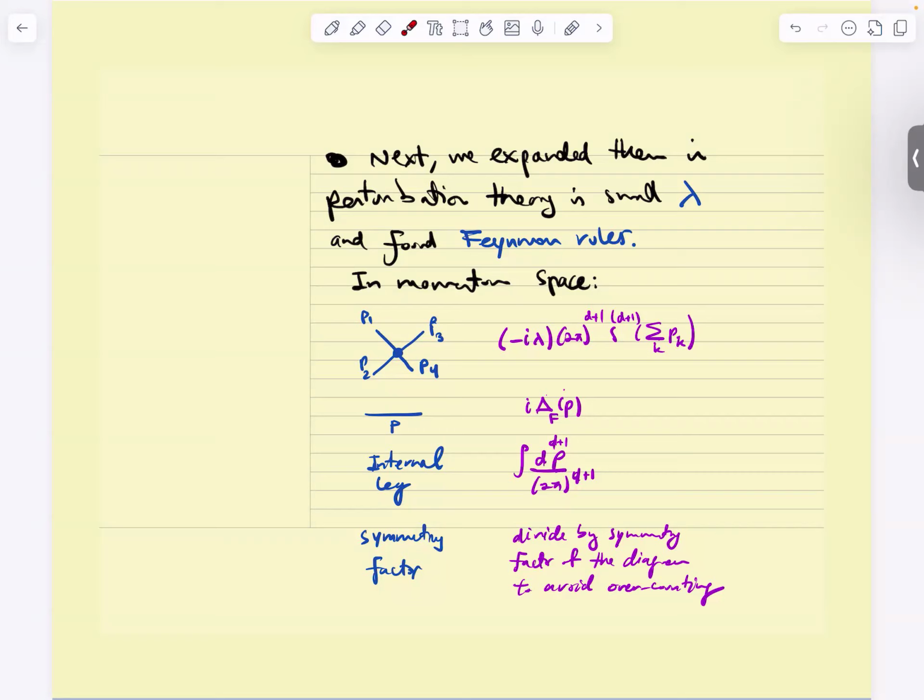And then the beauty of it is that if somebody comes to you and says, I'm doing a calculation of an n-point function to order lambda to the fourth, all you need to know is one function.